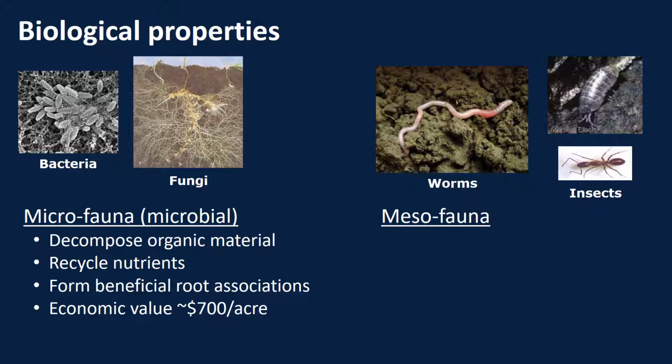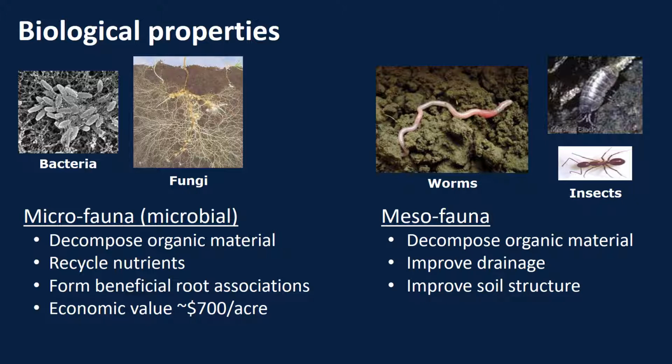As far as the mesofauna goes, some of their duties are, of course, decomposition of organic material. They help improve drainage. Worms and a lot of insects, ants and others, make burrows down in the soil, make holes, and the water can then follow those channels that the worms and other insects make, and roots can as well, so it helps improve drainage.